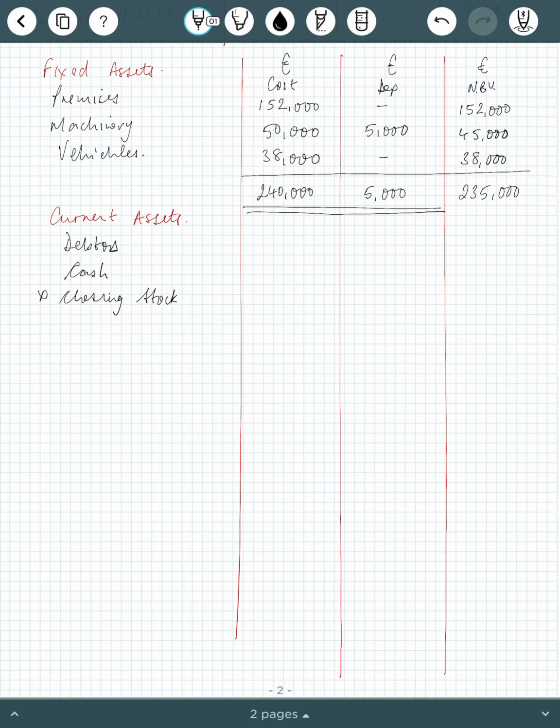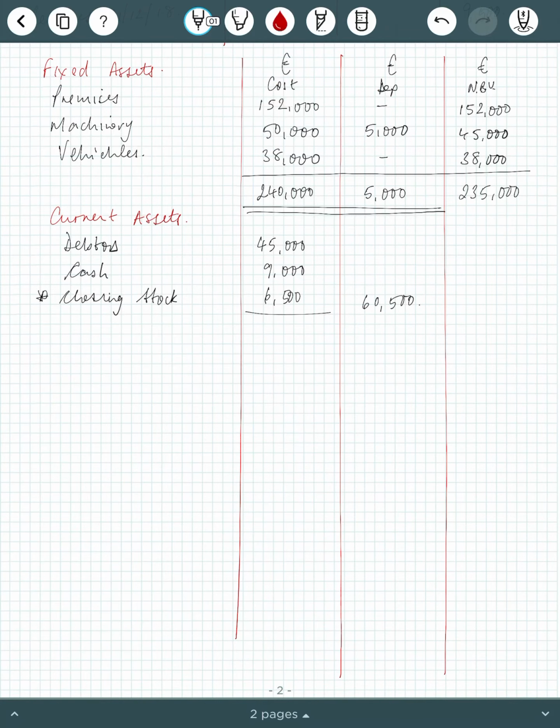Put an asterisk beside that because students often forget that. So your debtors is 45,000, your cash is 9,000, and your closing stock is 6,500. Add those three figures together and you get 60,500.